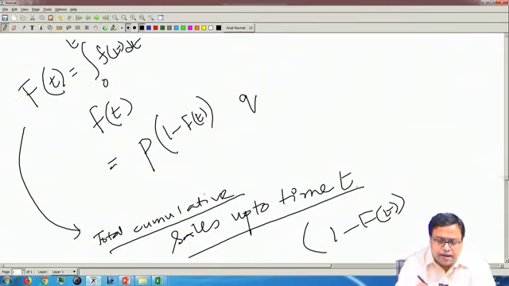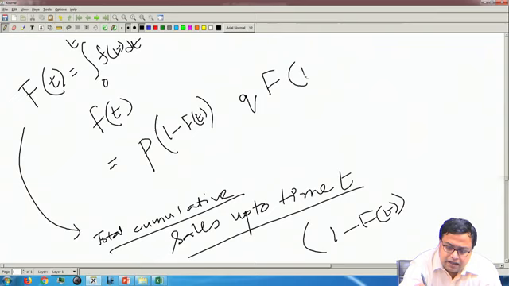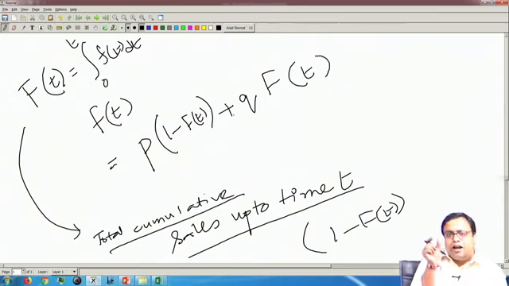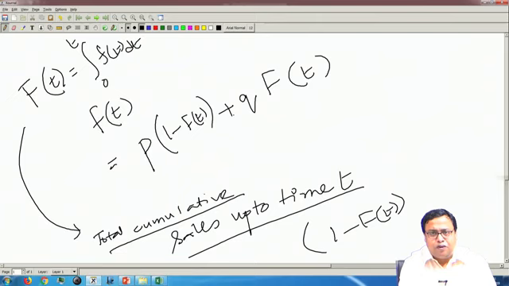Q into Ft, this proportion of people. The more the adoption happens, the more are the chances of word of mouth. If more people have experienced the product, then the word of mouth will happen more. So, this part is the overall word of mouth.